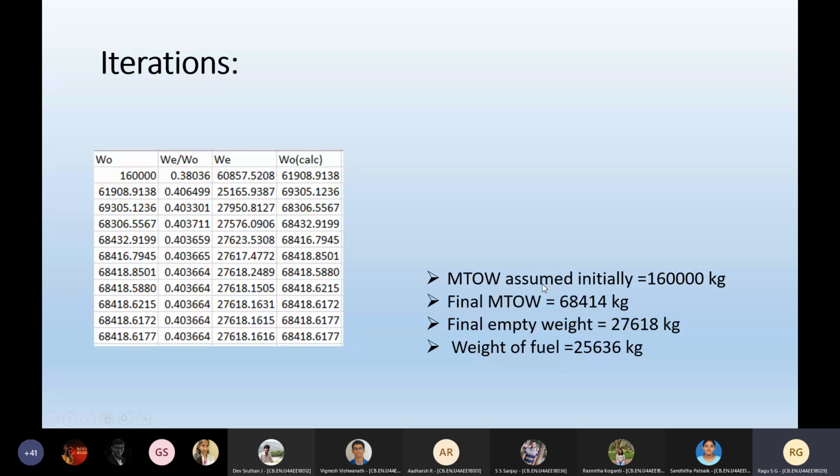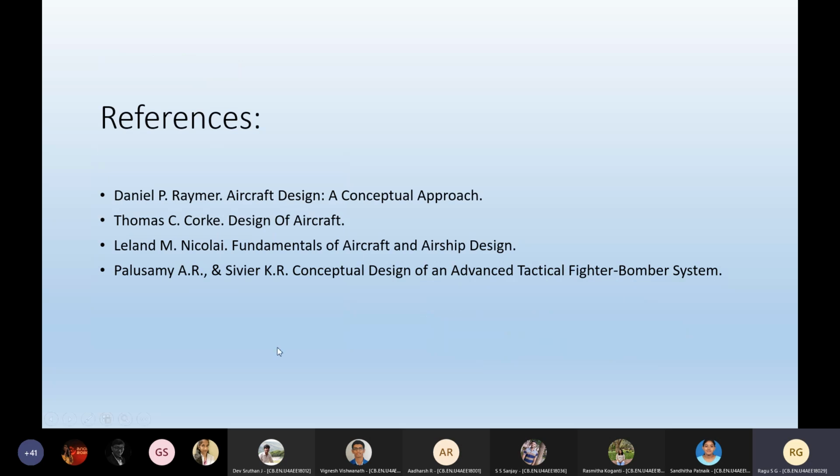We initially assumed the weight as 160,000 kilogram, and after the iteration, we got the result as 68,414 kilogram. The MTOW we got was 27,618, and the weight of fuel was 25,000. These are some of the references we used.